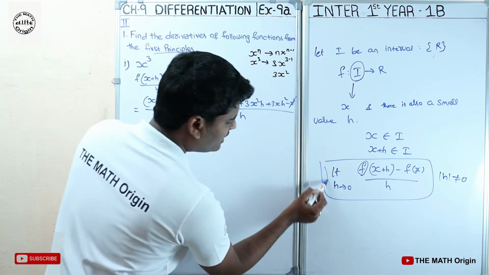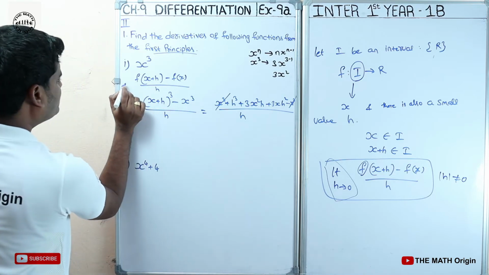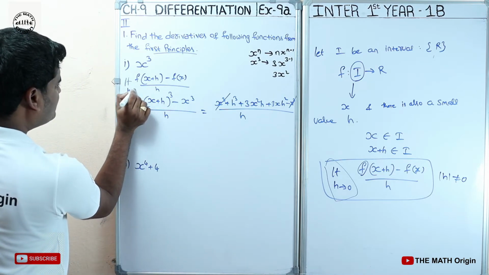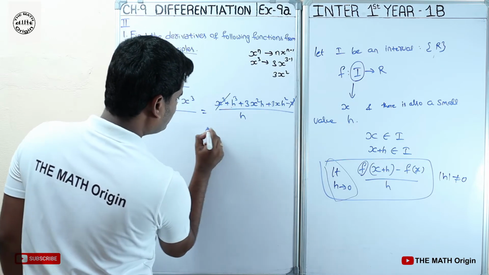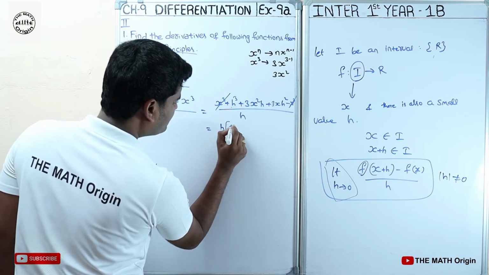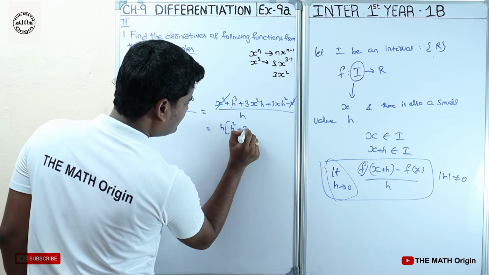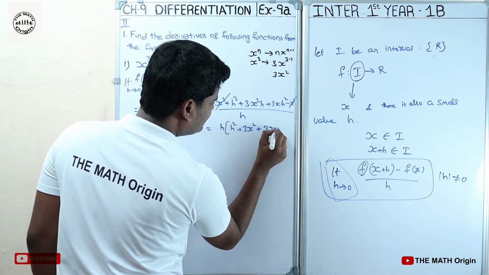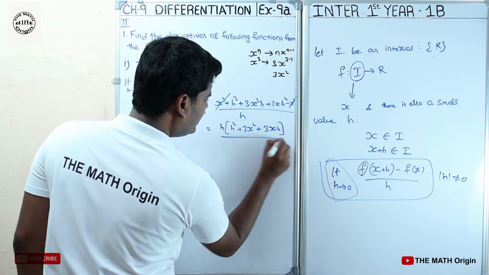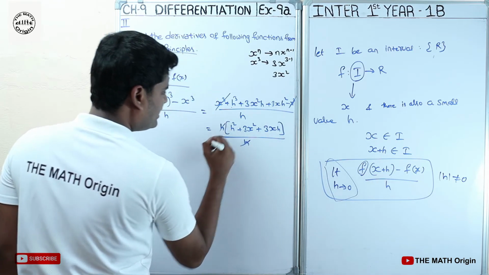Also we forgot that limit h tends to 0, so let's put limit h tends to 0. From all the remaining values h is common, therefore if I take h common, we get h square plus 3x square plus 3xh by h, and h is cancelled.